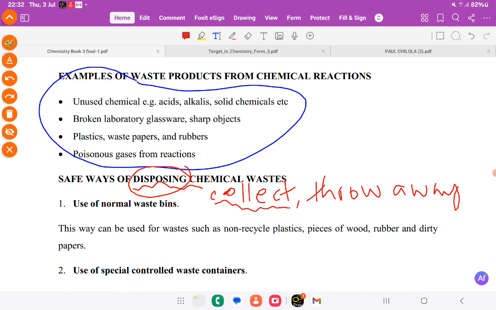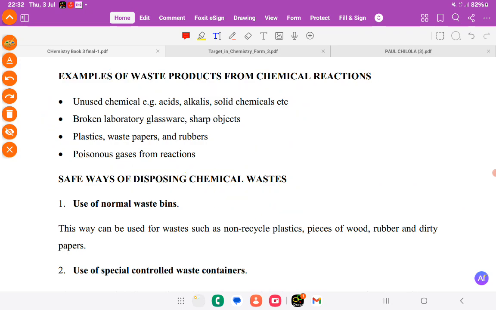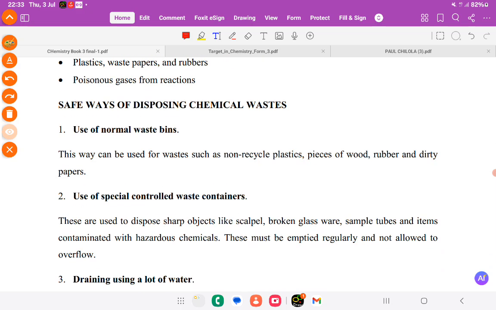So we need to devise means of disposing waste. So there are many ways of disposing chemical waste. One of them is use of waste bins. So for some waste, you just need a bin.